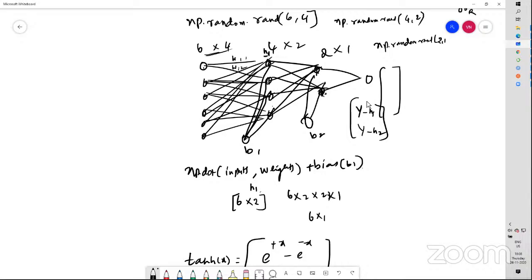This is where frameworks like TensorFlow and Keras are going to help us in creating and programming all these complex networks with easy to use methods and easy to use functions.